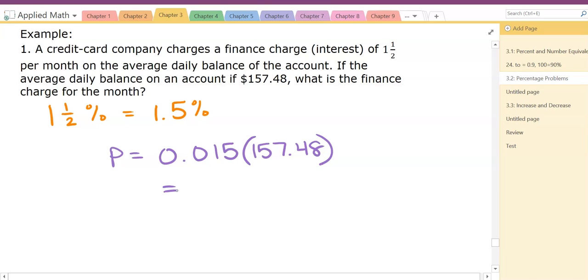So if we multiply 0.015 times 157.48, we get 2.3622. How would you round that? $2.36 would be the finance charge.